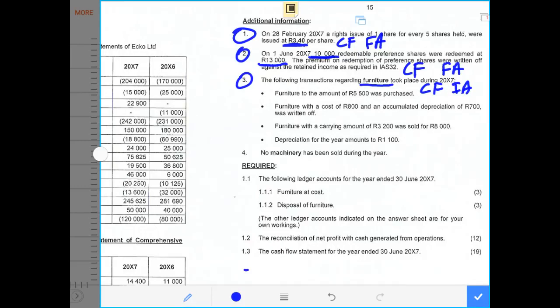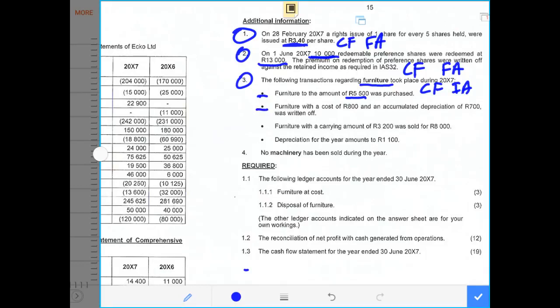Let us read the first bullet point. It says that furniture to the amount of 5,500 was purchased. This will be recorded as acquisition of furniture, and it will be recorded as negative in the cash flow from investing activities, because money went out to buy the furniture that cost 5,500.